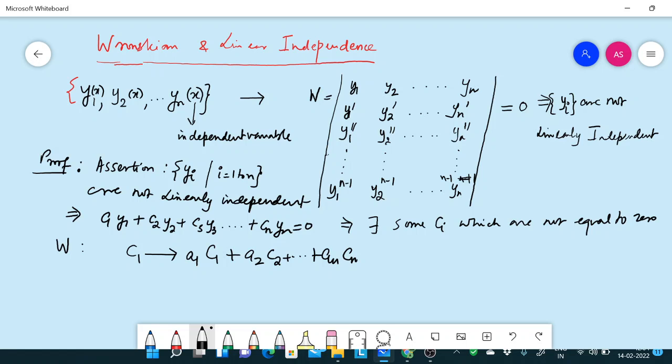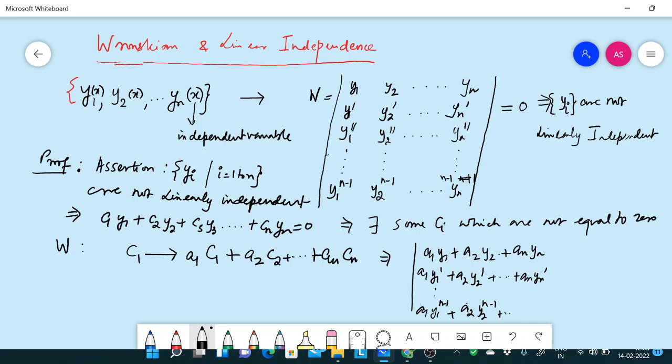Make this column transformation, and it will lead to a determinant whose first column is a1 y1 plus a2 y2 plus so on plus an yn, then a1 y1 prime plus a2 y2 prime plus so on plus an yn prime, and so on, last a1 y1 to the (n minus 1) plus a2 y2 to the (n minus 1) plus an yn to the (n minus 1).